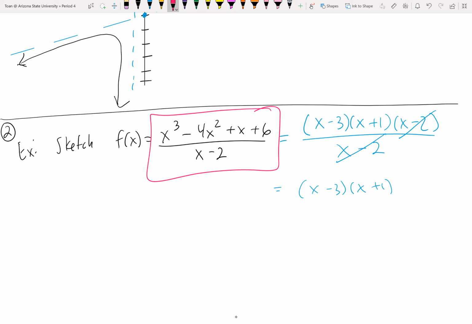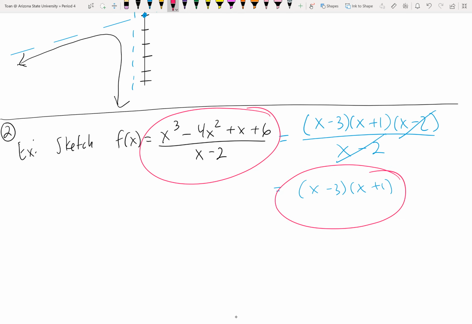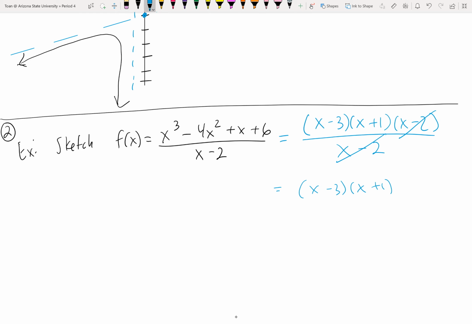What is one x value I should avoid using? I should avoid using the number 2, because if I use the number 2, it's going to put a 0 in the denominator. So if I'm claiming that this function is identical to this function, I need to prevent myself from using 2. So I need to put the domain restriction of x cannot be 2.